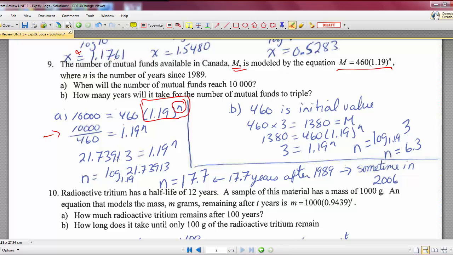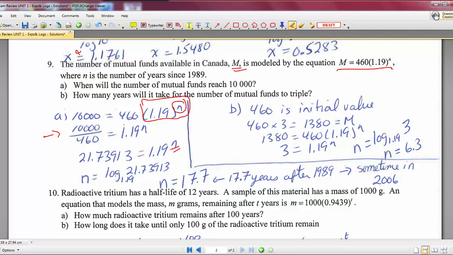And now again, exactly the same as what we had above. We're trying to isolate our exponent n. To do that, we use logarithms. The base is the 1.19 here. It's the base of the exponent, or the exponential part. It's the base of the logarithm as well, and the 21 point is the rest of it.